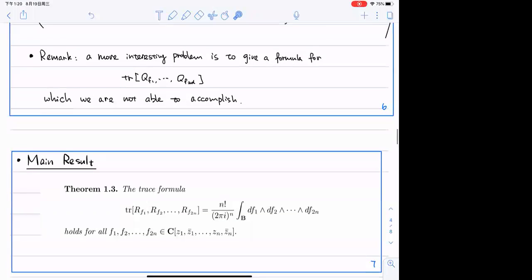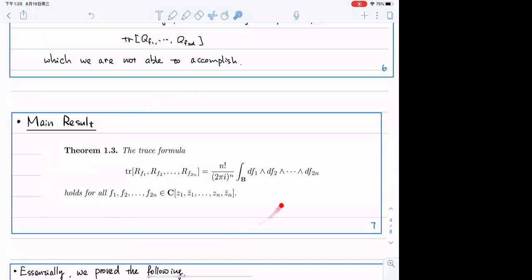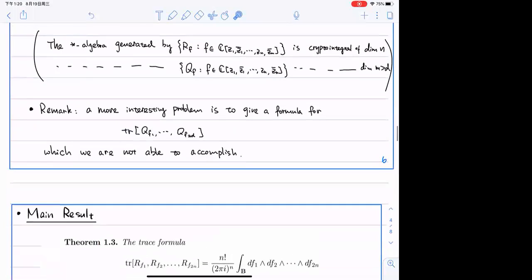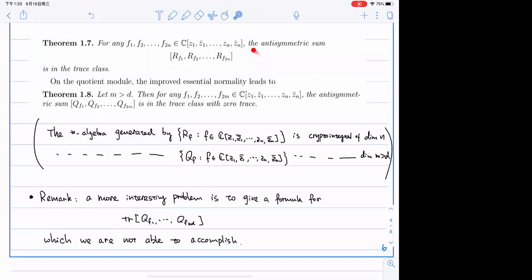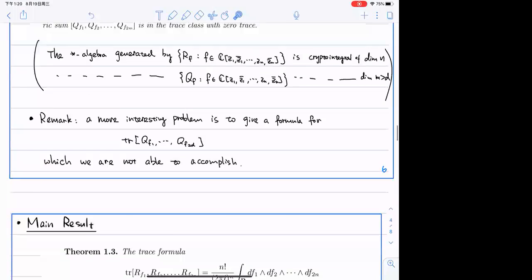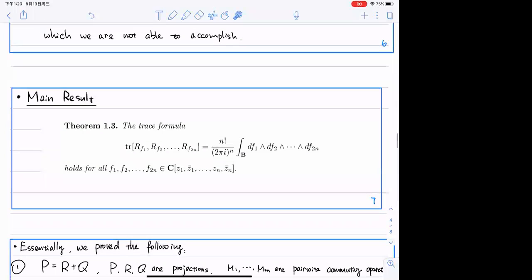Okay, so this is the main result of this paper. We have proved that this is in the trace class, and our new conclusion is that we actually have the same trace formula for submodules as in the total space, the total Bergman space.